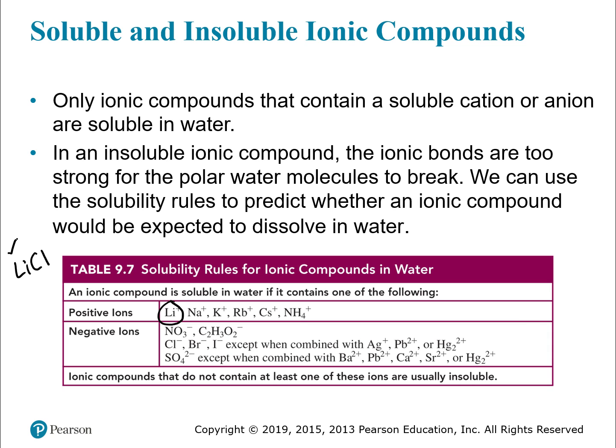So that means that this is probably soluble. We also see that ionic compounds with the chloride ion are usually soluble too. So our prediction is that lithium chloride would be soluble.